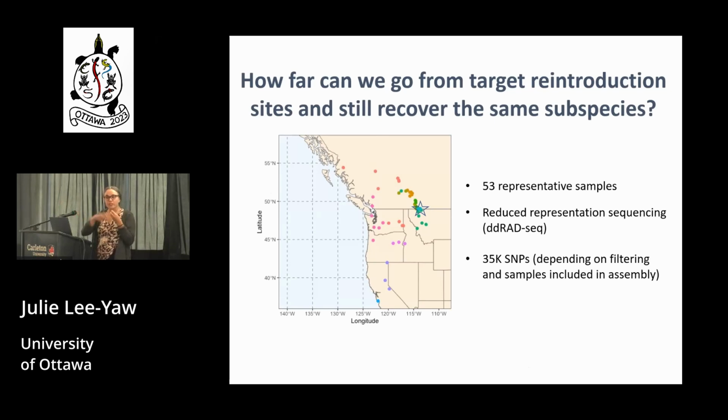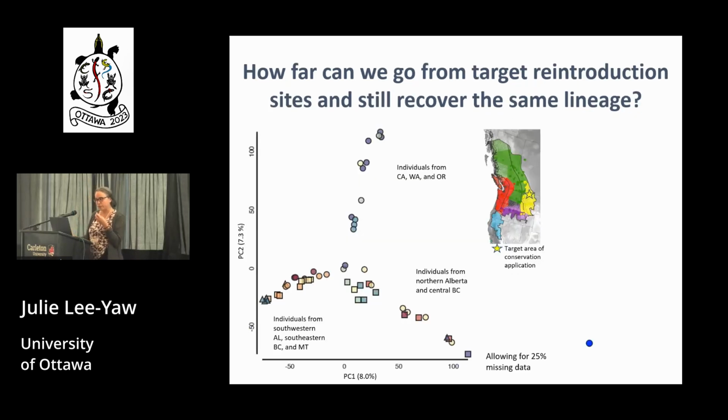We were interested in using genome-wide variation, so we used ddRAD, or reduced representation sequencing. Many of you will be familiar with it. Depending on how the filtering is done and which samples are included, we're getting about 35,000 SNPs. These samples are from across all of the different lineages, but with a little more concentration in southwestern Alberta and southeastern BC.